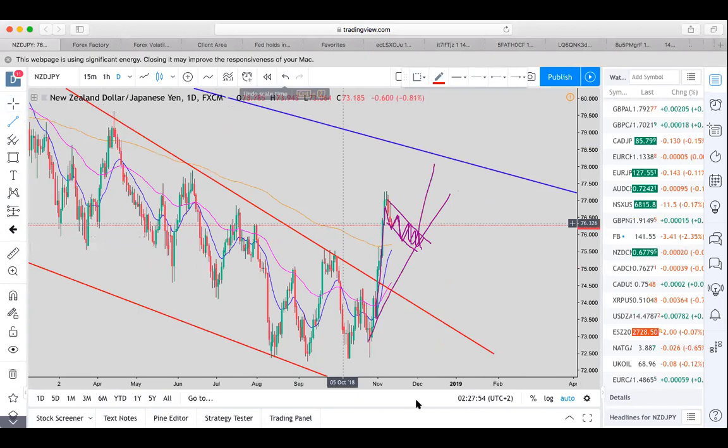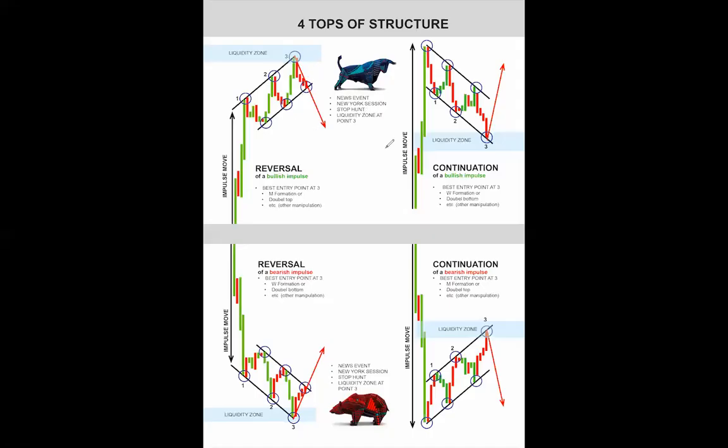Okay, so I urge you to look at this. I'm going to show you something over here. This is my pattern list that's on our Google Drive for your reference. So we have a bullish continuation. Entry number 3 is an entry point, or entry number 2. Entry number 2 is the break, and this on a micro level now. Okay.